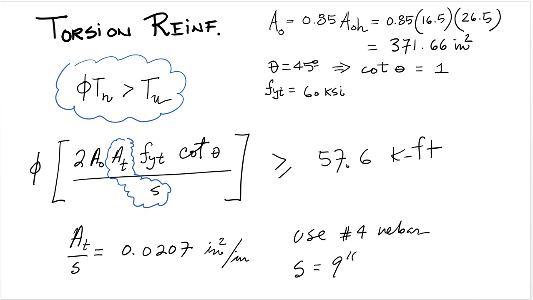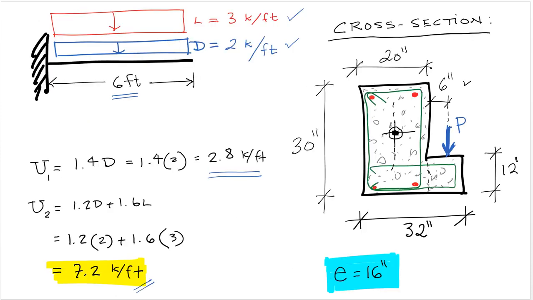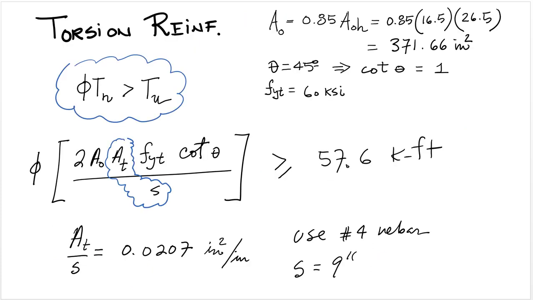And by looking at our cross section and knowing that we have 2-inch clear spacing to the longitudinal rebar, and we are going to most likely end up using number 4 transverse reinforcement. From that we can obtain that the dimensions of Aoh are going to be 16.5 times 26.5.